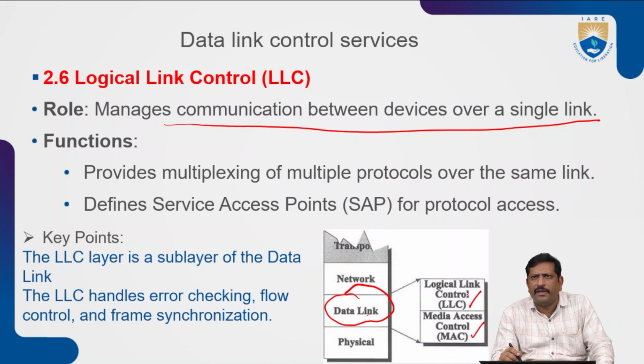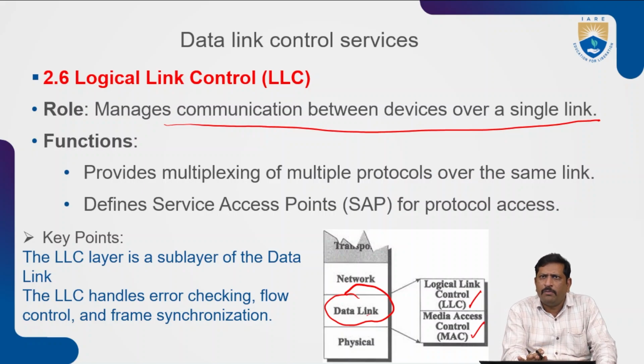By using these two sublayers, links between two devices are established and communication is provided. Their functions are providing multiplexing of multiple protocols over the same network, and defining the service access point, the SAP, for protocol access.